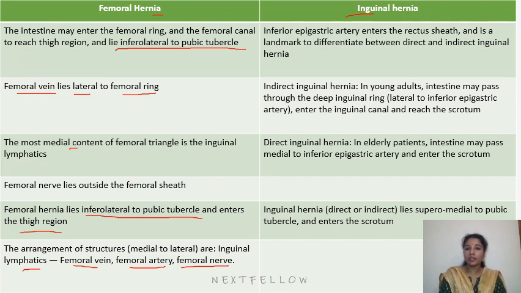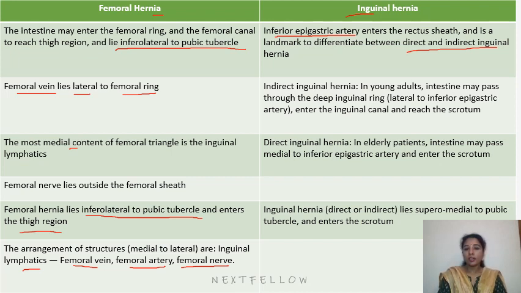Next, about the inguinal hernia. In inguinal hernia, the inferior epigastric artery acts as a landmark for differentiating between the direct and indirect inguinal hernia. We know that indirect inguinal hernia lies lateral to the inferior epigastric artery, whereas the direct inguinal hernia, through Hesselbach's triangle, lies medial to the inferior epigastric artery.